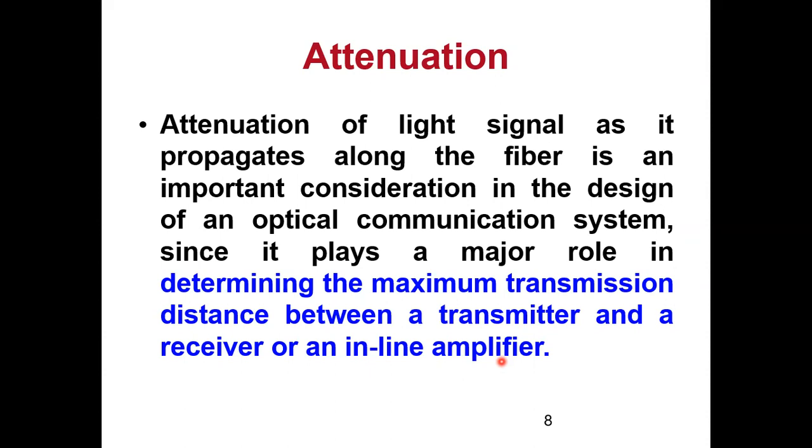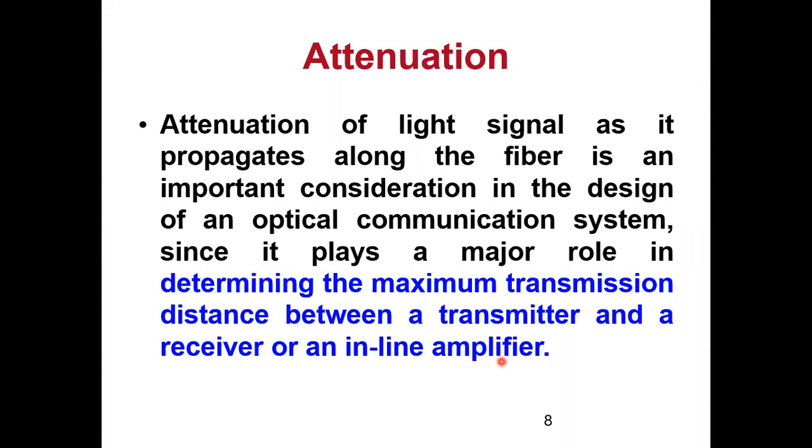So we should try that our signal should not degrade that much, so that the repeater spacing is large. By the fifth generation, the repeater spacing was too much. Why? Because there was improvement in all aspects. We had a good source, we had fabricated a fiber with less attenuation and less dispersion, and there were WDM multiplexers. So my repeater spacing increased.